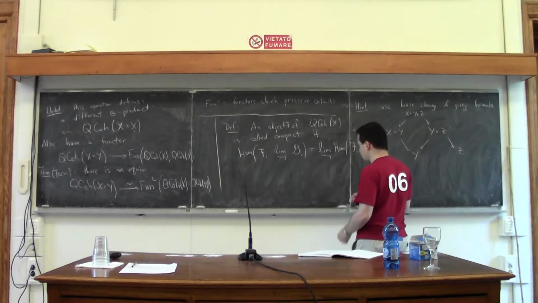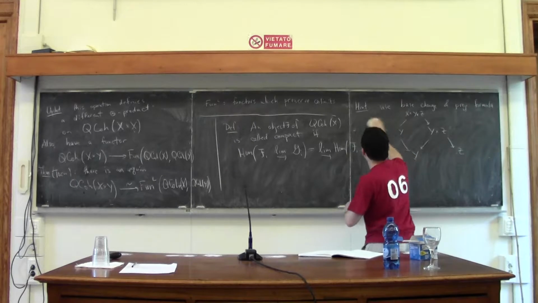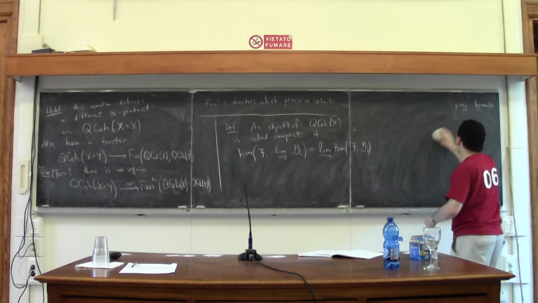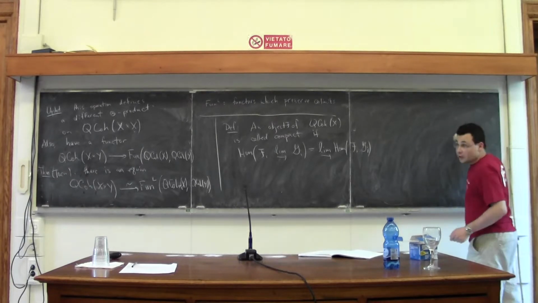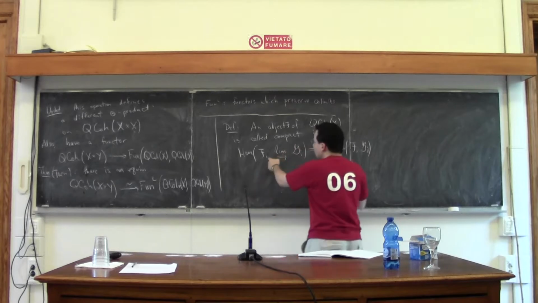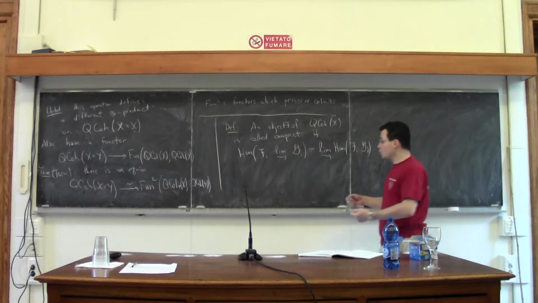Let me try to unravel this in a few cases. This doesn't seem so strange. For instance, suppose our category was just the ordinary category of vector spaces, nothing derived. This property exactly characterizes finite dimensional vector spaces.